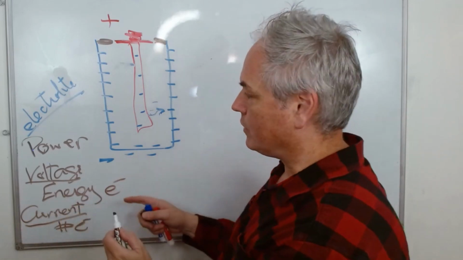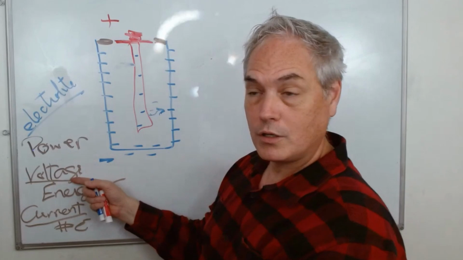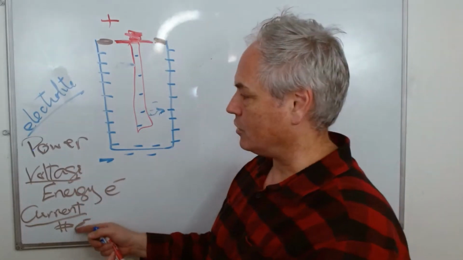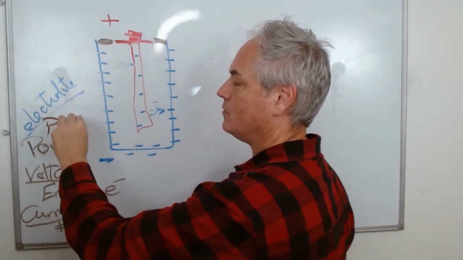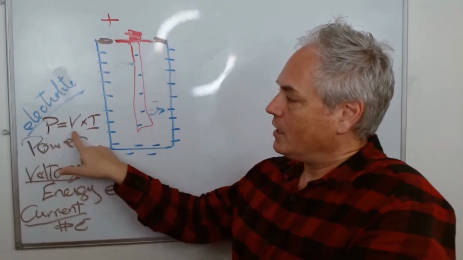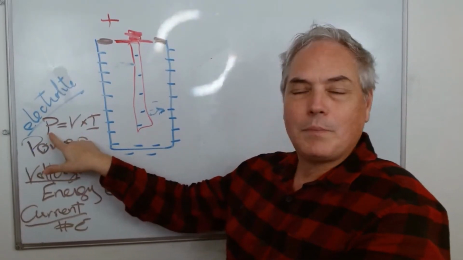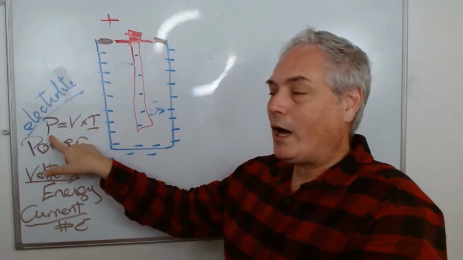These two are important because the more power I want, the more energy per electron I need, or the more electrons. The equation is P equals V times I. Since it's a multiplication, if I increase the voltage, the power goes up. If I increase the current, the power goes up.